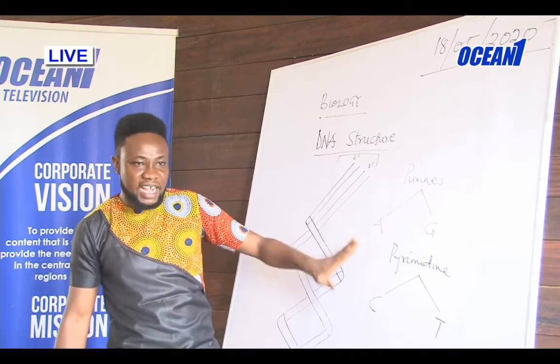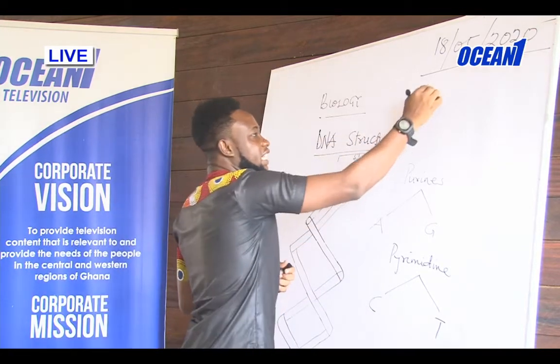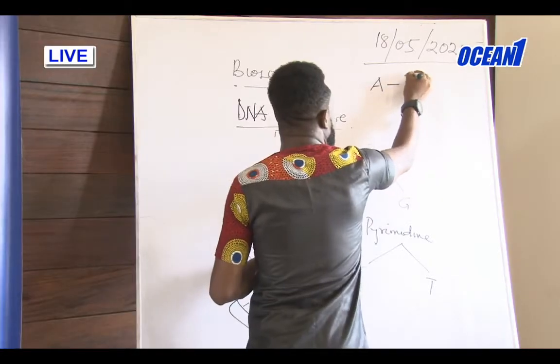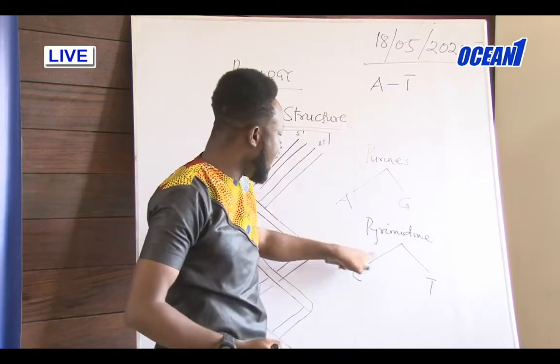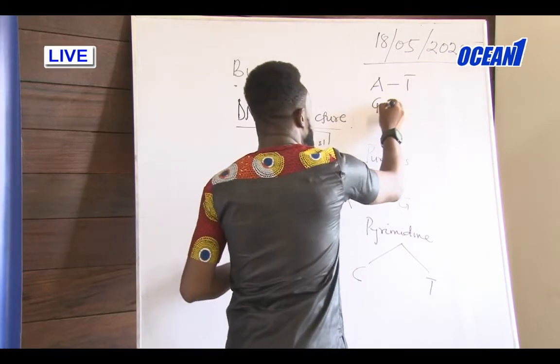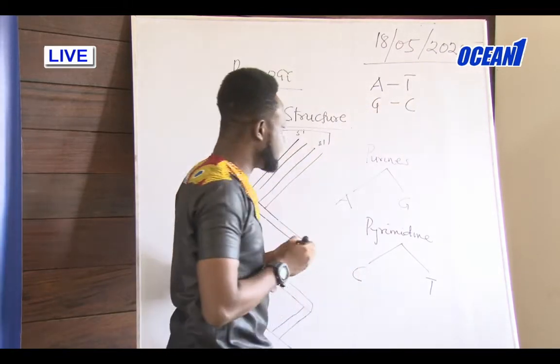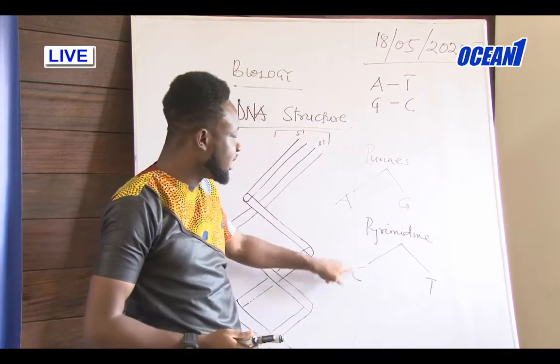So adenine will pair with thymine. You see that adenine is a purine, whereas thymine is a pyrimidine. Then guanine will pair with cytosine. You can see that guanine is a purine and cytosine is what?